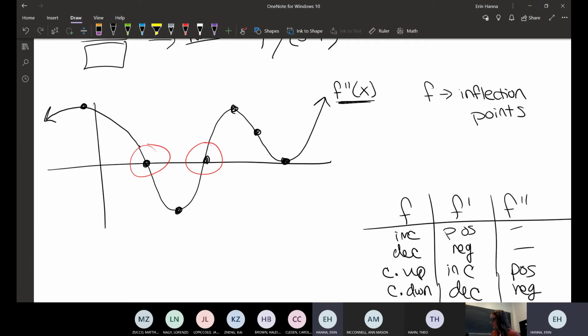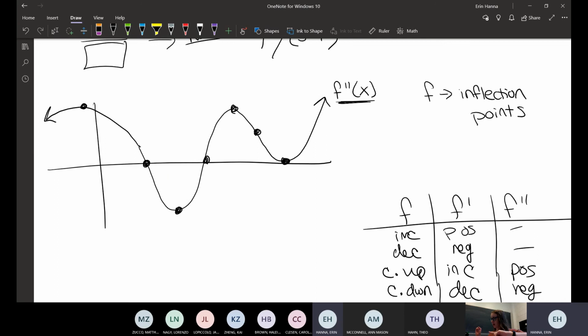But to have an inflection point, the second derivative has to change sign because the original function has to change concavity. So that would be the answer to the third part of that question: just those two that I have circled right there, where the second derivative is 0 and it also changes sign.